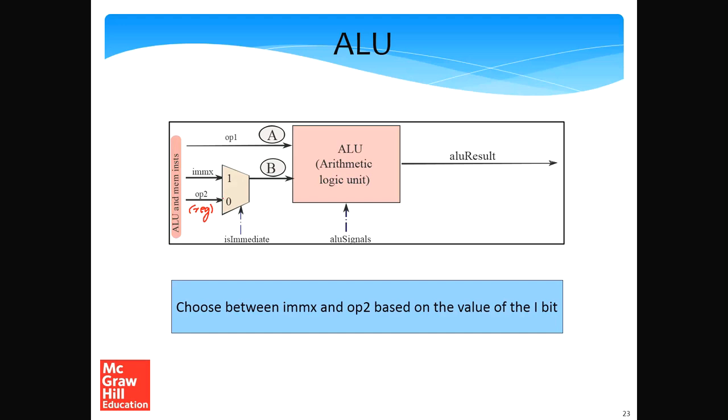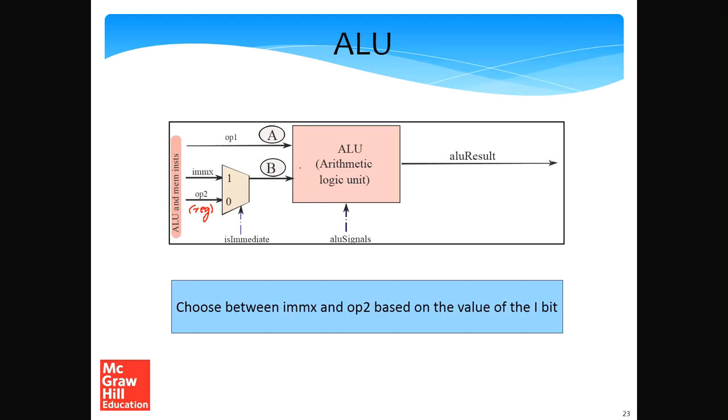So we need to choose between them, either a register or an immediate for the second source. This is done with the help of the isImmediate signal, which is again generated by the control unit. One of them is chosen, and that is used as an input to the ALU.